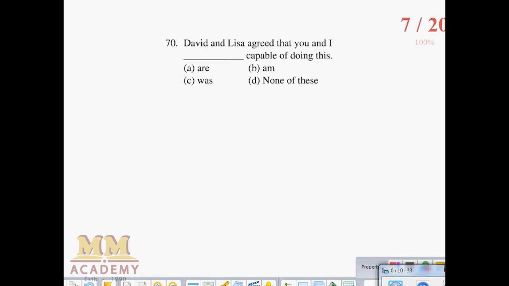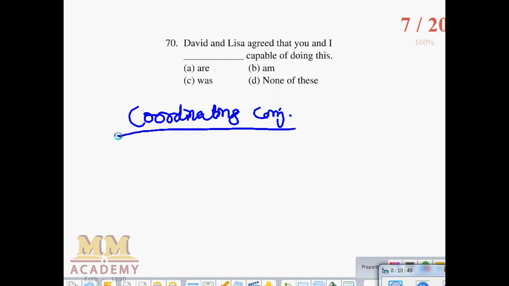David and Lisa agreed that you and I dash capable of doing this. We have coordinating conjunctions, right? We have got seven: for, and, nor, but, or, yet, so. "And" is also one of the coordinating conjunctions.